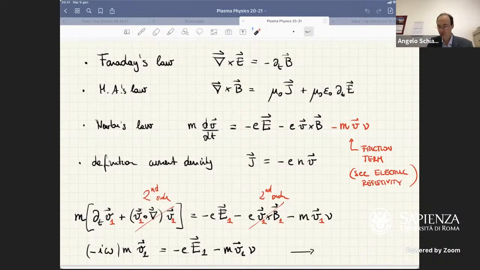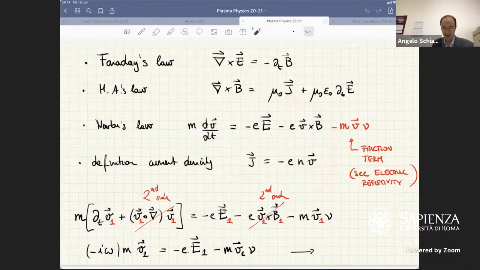This term is crucial for the absorption of the wave, as we will see. And this frequency here is the collision frequency, the term that gives rise to an energy exchange between the electron population and the ion population. And then we have a constitutive equation defining the current density J that enters the Maxwell-Ampere law.